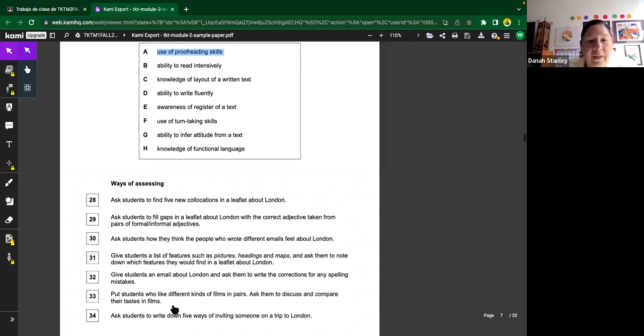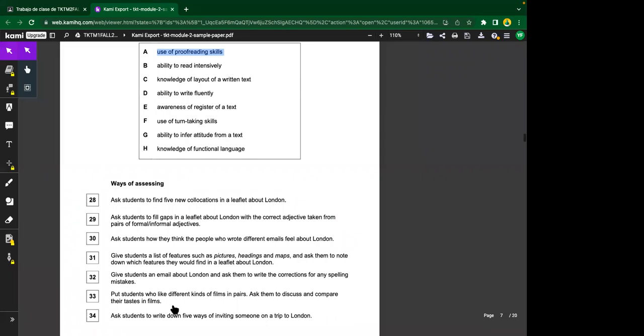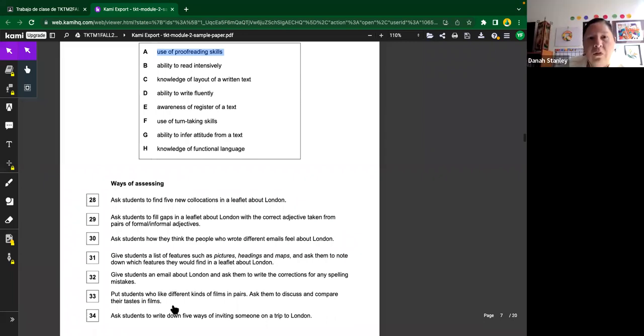Ask students to write down 5 ways of inviting someone on a trip to London. Letter H. H, knowledge of functional language. In this case, what is the function or the intention?